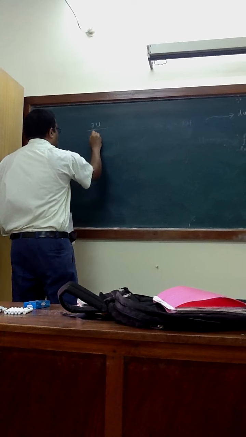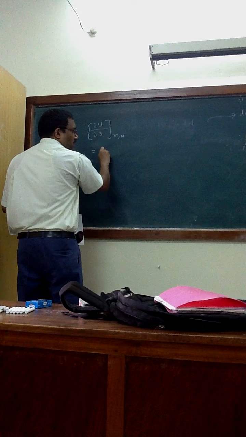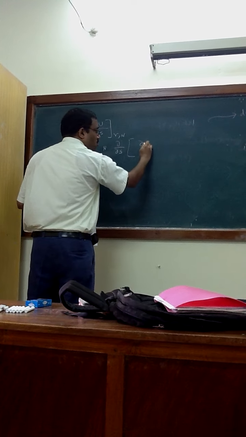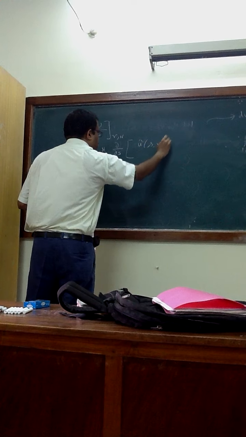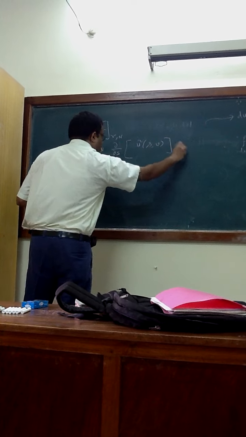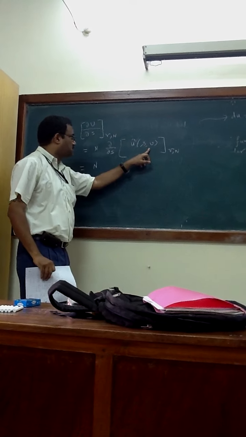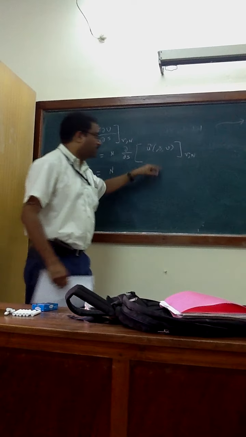Dou U by dou S at fixed V and N equals N times dou u hat by dou s hat, times dou s hat by dou S at fixed V and N. And here is a chain rule of differentiation. Here V is constant. Okay? So we will be operating only with S that we have discussed.